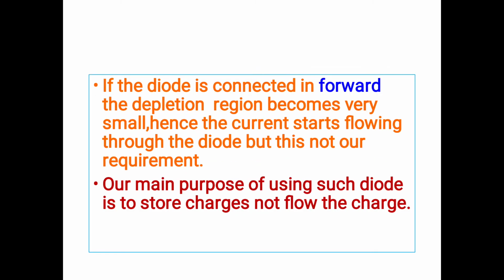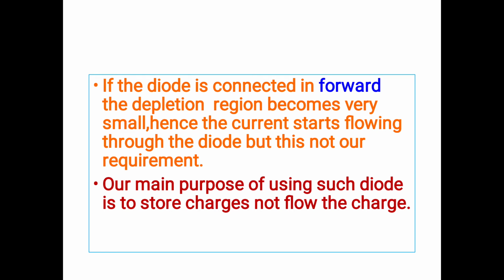Suppose that if the diode is connected in the forward bias condition, then as we know, the depletion region is going to be very small, and this depletion region will allow the charges to flow across the junction. It means the holes from the p side to n side and the electrons from n side to p side, they will move.